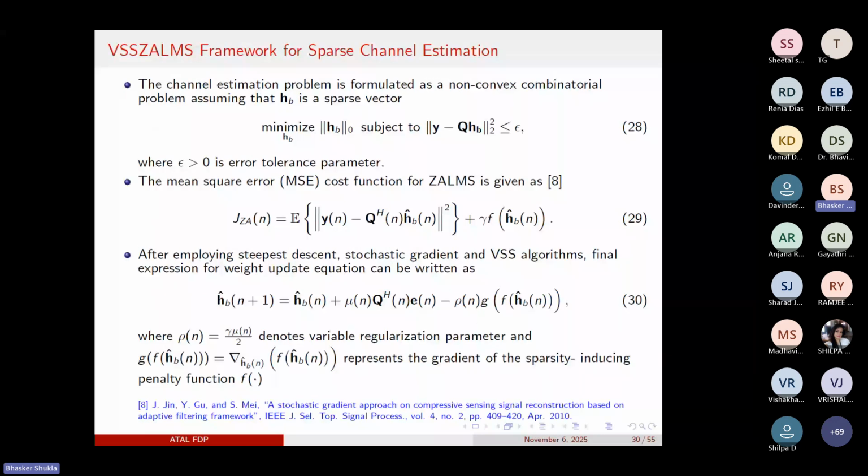Here is the basic estimation problem, where again we have to minimize the L0 norm of H B, the beam space domain channel, and then here is the VSS-ZA-LMS cost function, given by this.